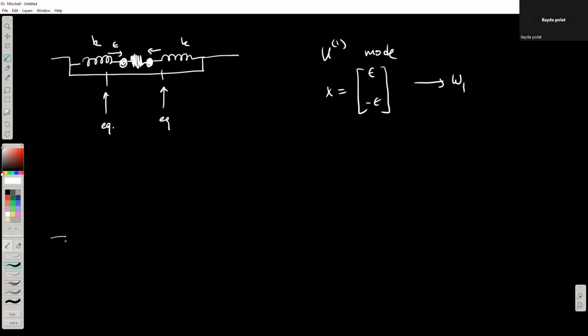There's another mode in here. This is the U2 mode, on line L2, if you remember. In that case, this thing has a displacement epsilon from the equilibrium position, and this one too. In that case, something strange happens. This becomes extended and this is compressed.